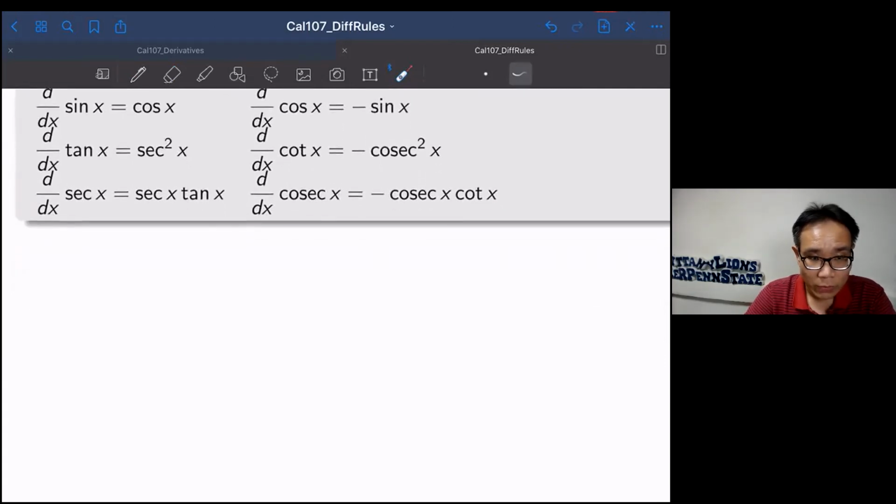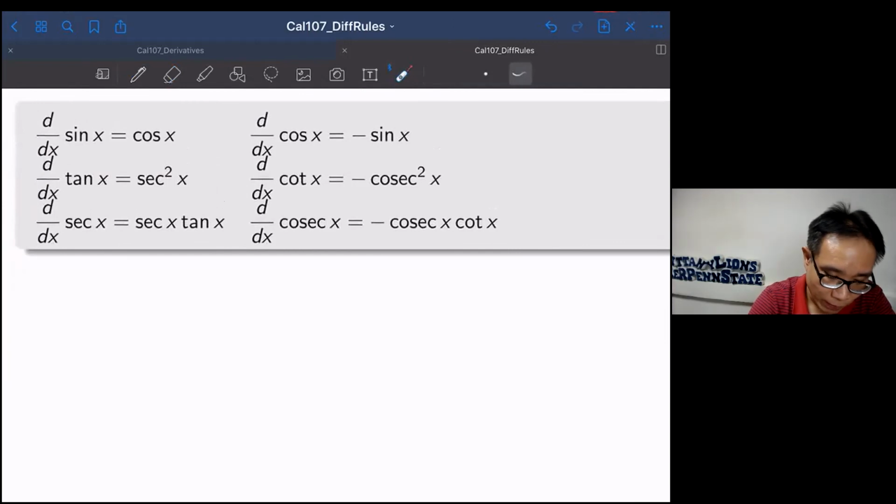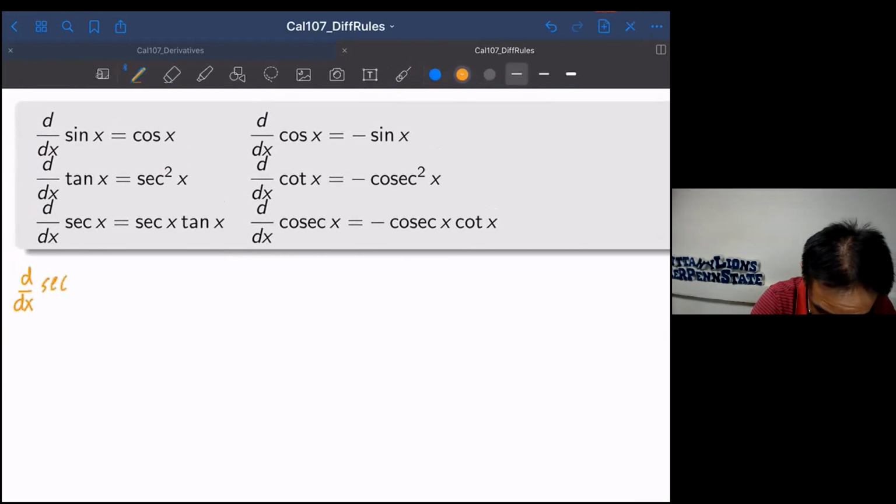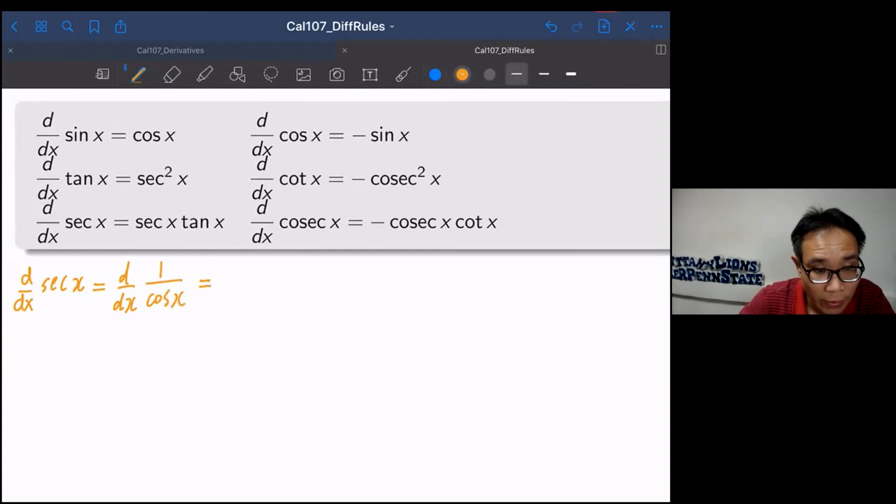So in order to find the derivative of sec, I'm going to take d/dx of sec x, and sec in this case is 1 over cos x. You differentiate by using the quotient rule.